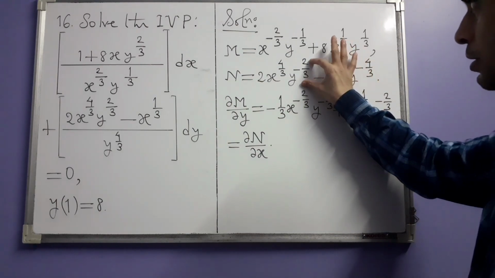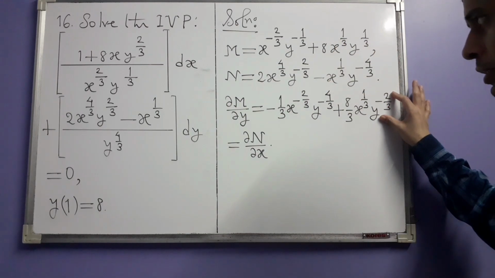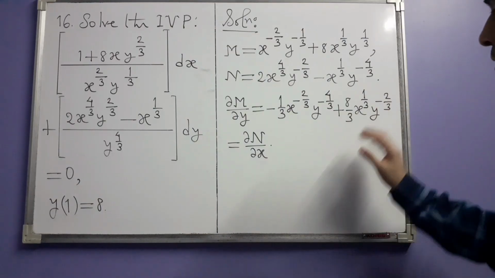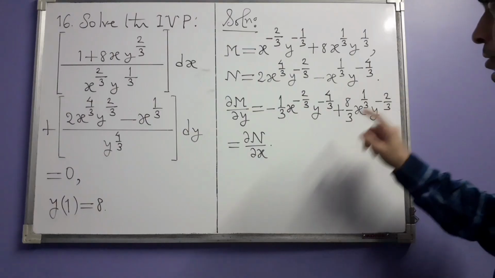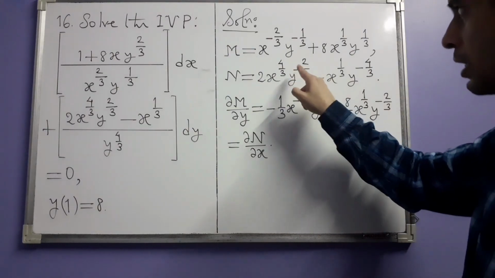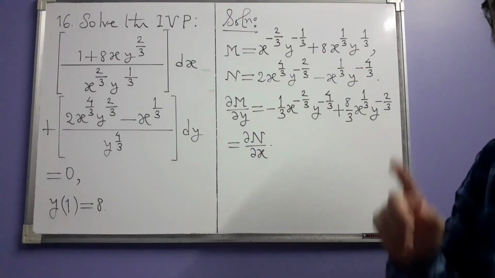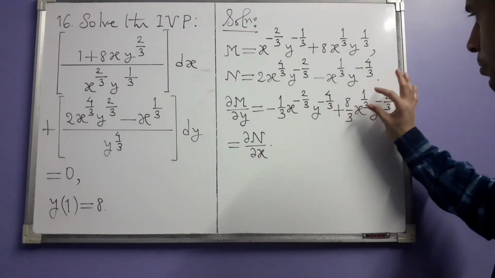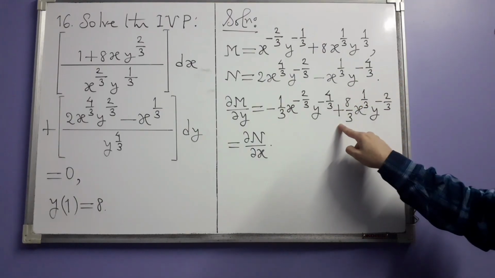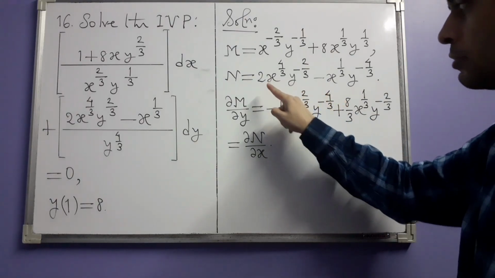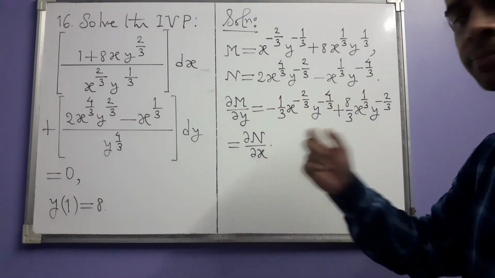You see, already you are having y to the power minus 2 over 3, and your differentiation is with respect to x, so y should not change. So it will stay like this. And when you subtract 1 from the exponent of x, which is 4 divided by 3, you get 1 divided by 3. So yes, you are actually getting this term by differentiating this partially with respect to x.